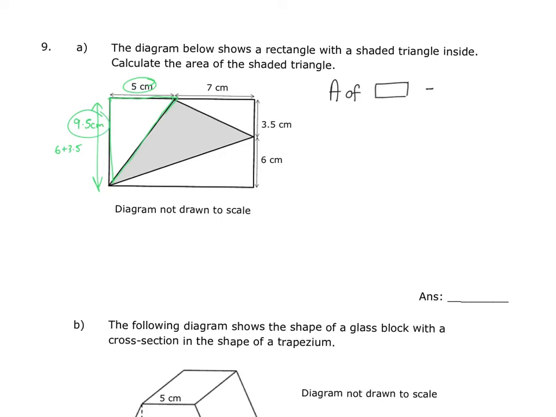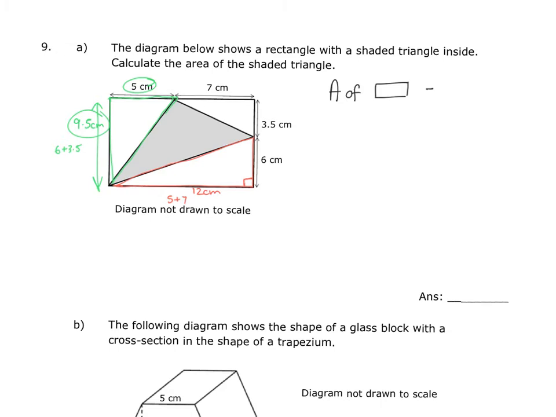Okay. We have this triangle also that we have to subtract from the area of the rectangle. It's a rectangle, so we have 90 degrees. The base is made up of 5 and 7. So that's 12 centimeters.